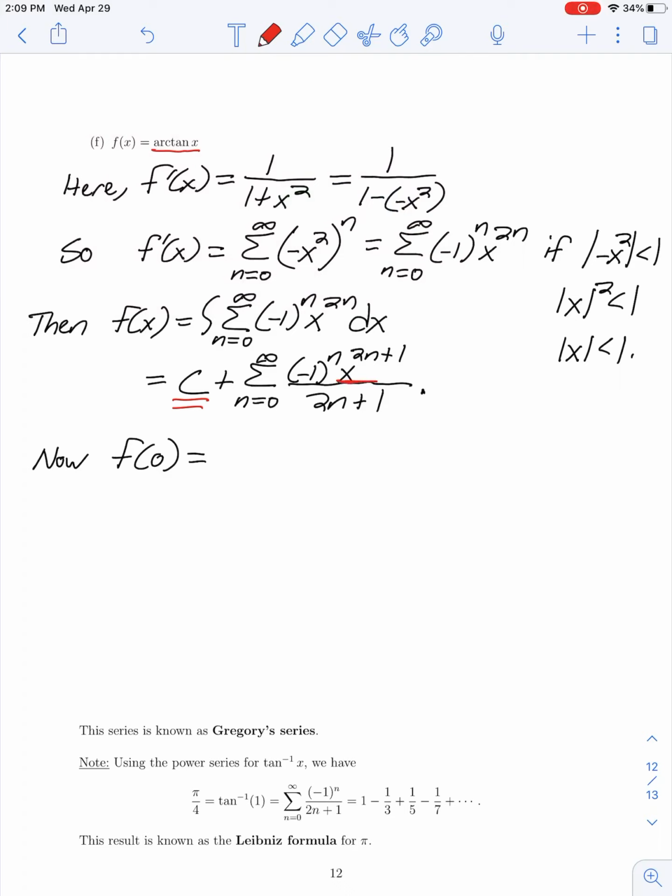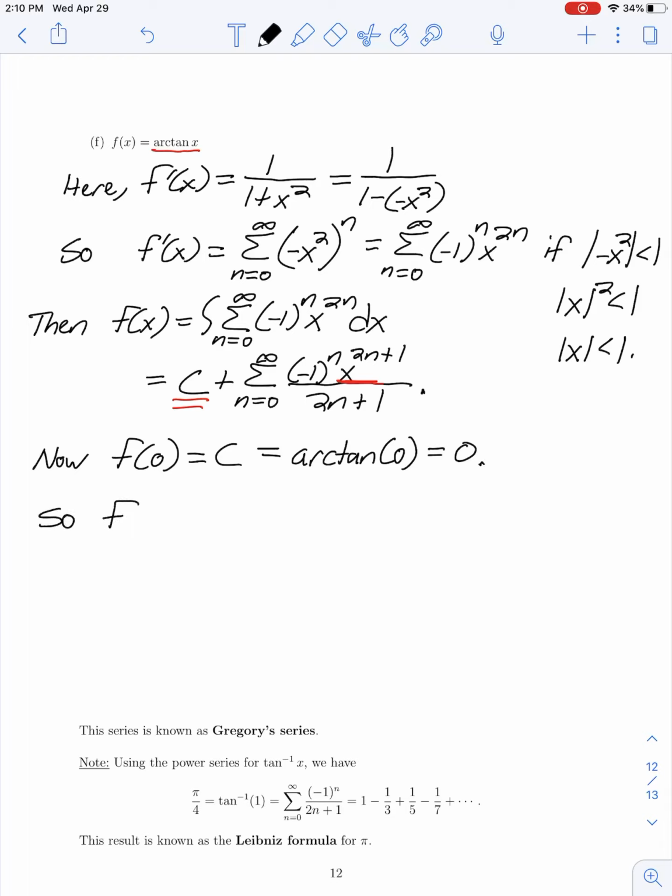Since this is a power series centered at 0, when I plug in 0 for x, I'm left with just the constant c. And I know that my function f of x is arctangent of x. So if I'm plugging in 0, I'm looking at arctangent of 0, which is 0. So my constant c has to equal 0.